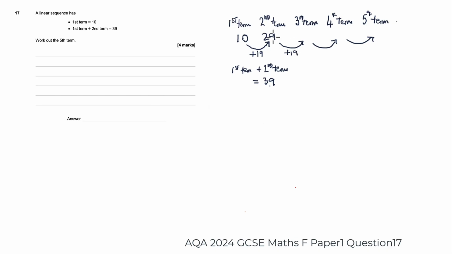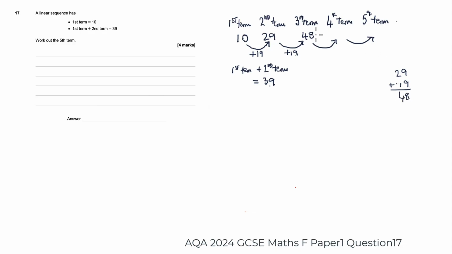So 29 plus 19. Now there is a quick way of adding 19. Suppose you added 20, then you'd have to take one away. So if I add 20 to 29, I get 49, and take one away, 48. Now if you're not happy with that, you just do your little addition every time. 9 and 9 is 18. 1 and 1 and 2 is 4.